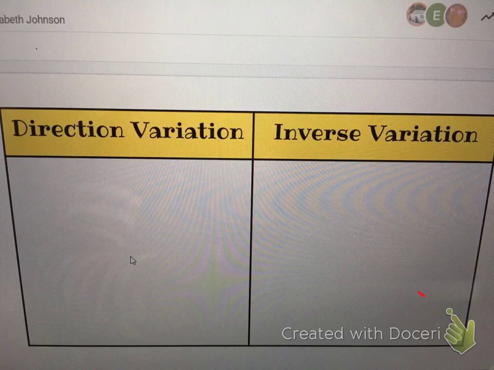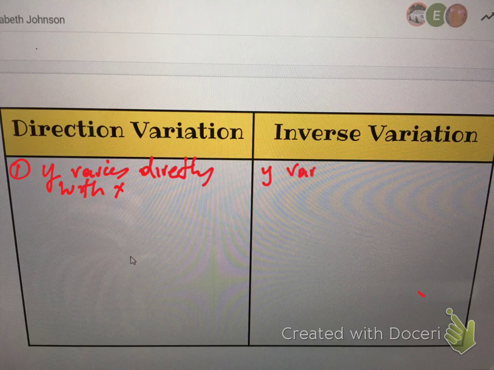Okay, and this is just a chart that allows you to differentiate between direct variation and inverse variation. So you could just fill it in with what we've been saying. Number 1, y varies directly with x. Over here, y varies inversely with x.